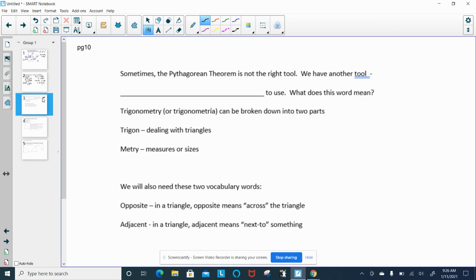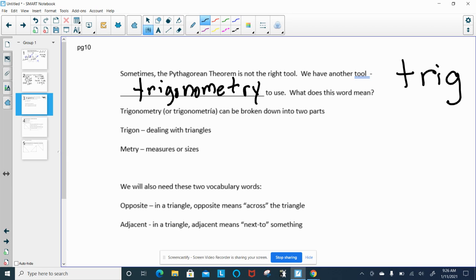So sometimes the Pythagorean theorem is not the right tool. This is on page 10. We have another tool called trigonometry. Kind of a big word. A lot of people will just say trig for short.